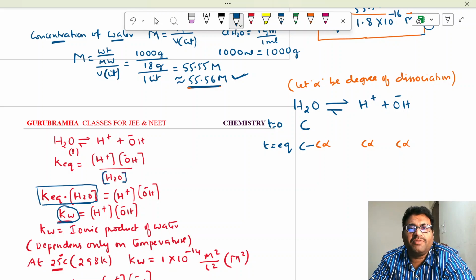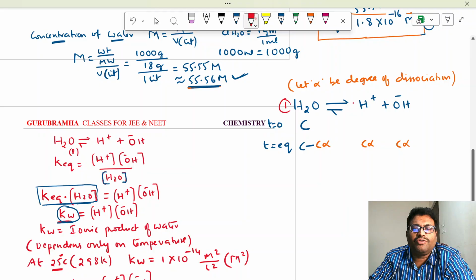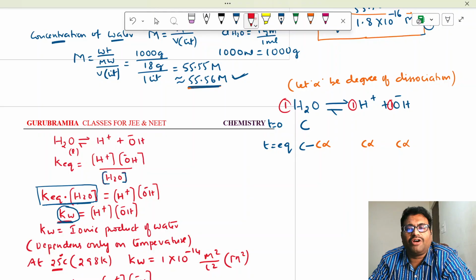At equilibrium, C alpha of water is converted into H plus and OH minus. From the equation we know that 1 mole of water gives 1 H plus and 1 OH minus. So C alpha on dissociation gives C alpha of H plus and C alpha of OH minus.